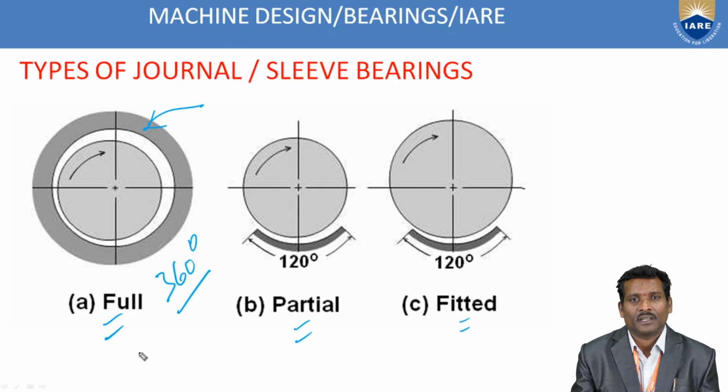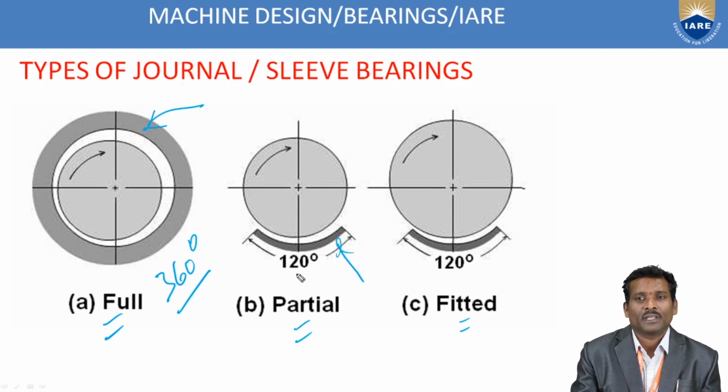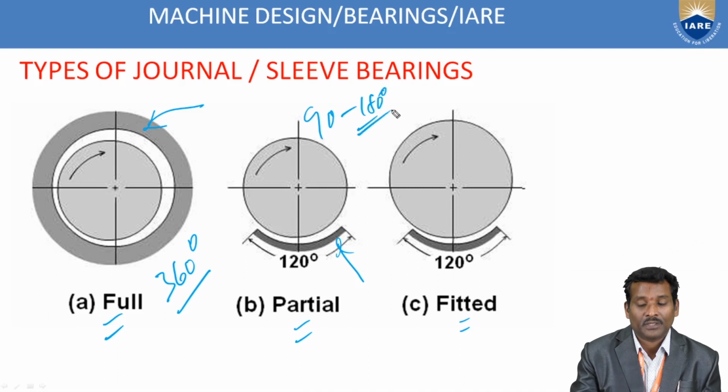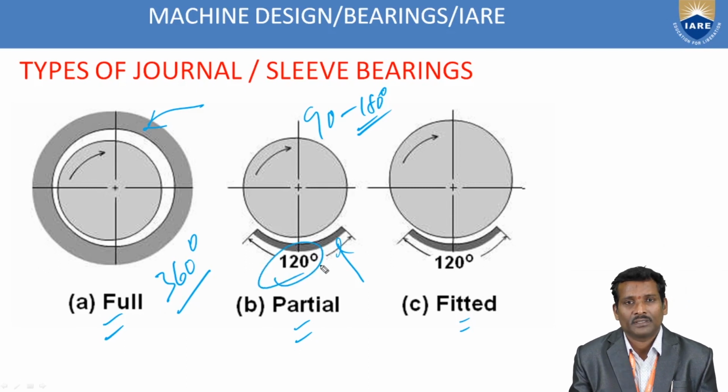It carries radial loads. Whereas in the partial bearing, the bearing housing is enclosed with the shaft at 120 degrees. Actually this is 90 to 180 degrees, but we prepared it according to our design standards at 120 degrees.